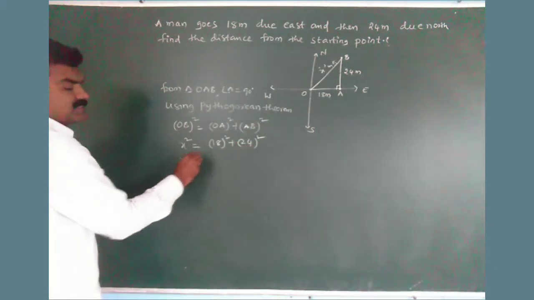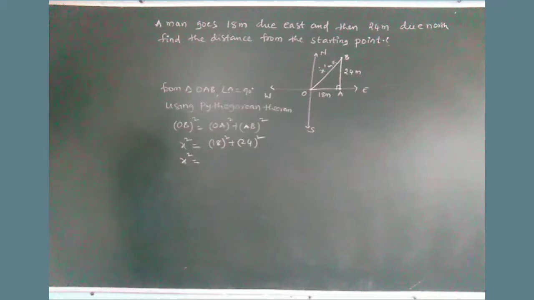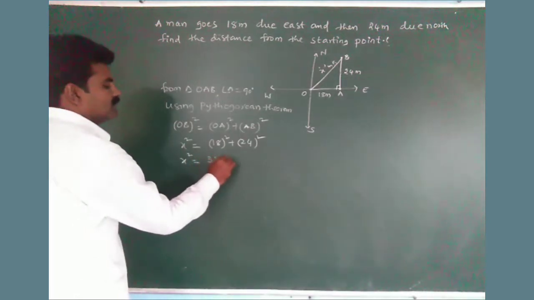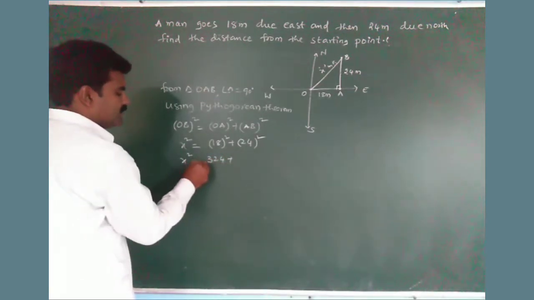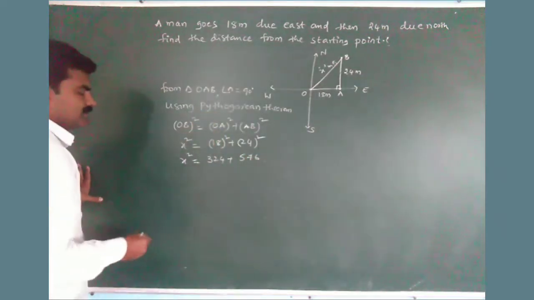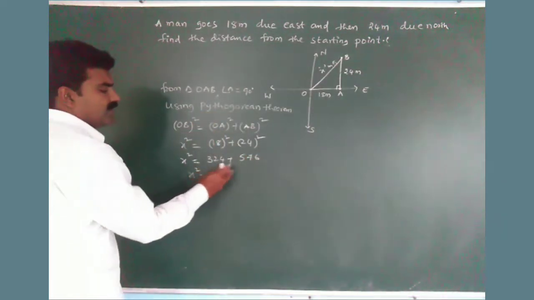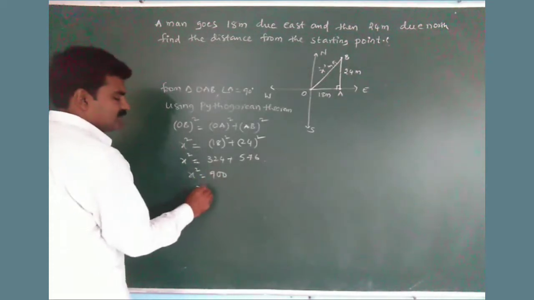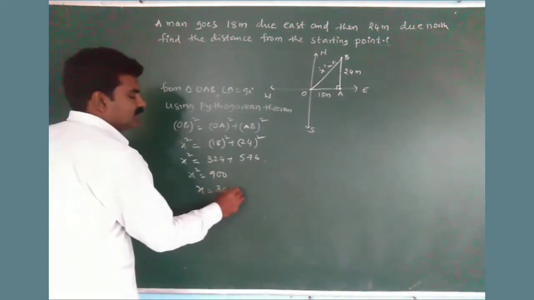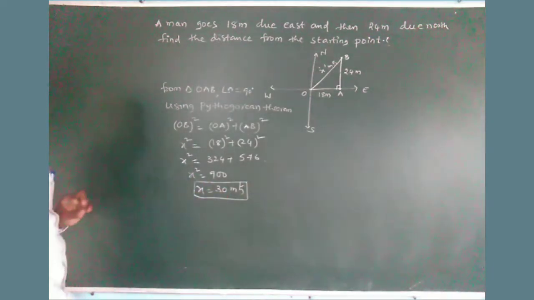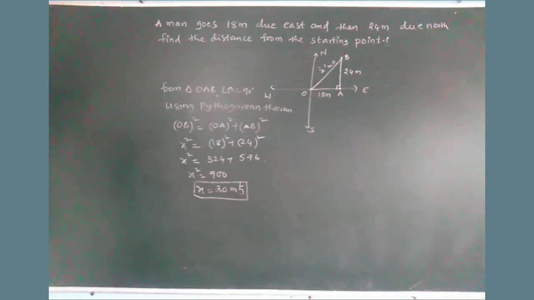So x square is equal to, what is 18 square? 324. And 24 whole square is 576. Now together if you add them, we'll get 900. So from this x is equal to 30 meters we can say. So x is nothing but OB.